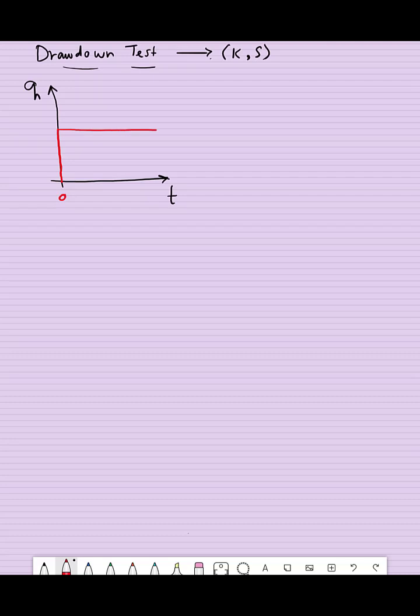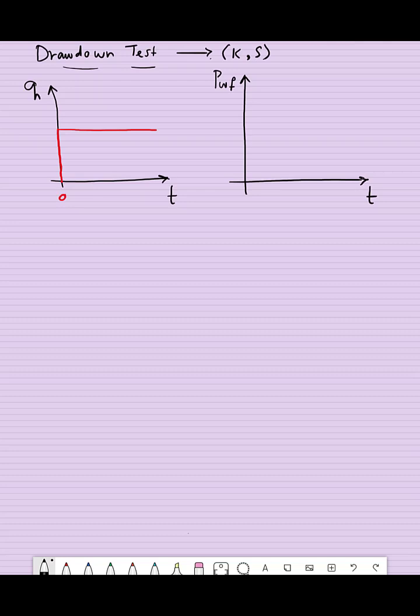Now at the same time, we are measuring the pressure downhole, and that is actually bottom hole flowing pressure, PWF versus time.